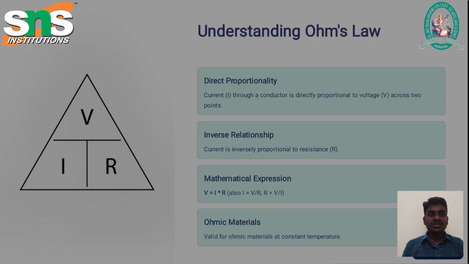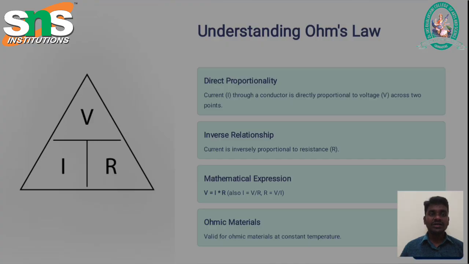Before proceeding with this experiment, you should know what Ohm's law is. V is equal to I into R. This is Ohm's law, which means V is directly proportional to I. So voltage is directly proportional to the current. This is the direct proportionality.